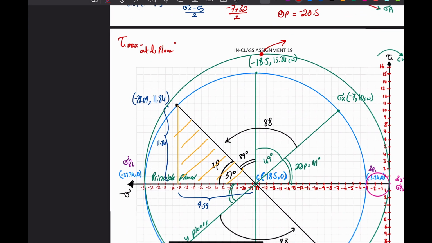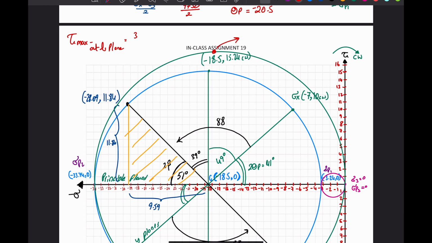So if I want to find the tau max, the out of plane, I can say 33.74 over 2. And if I did that, I'm going to get 16.87 KSI. So this value is 16.87 KSI.